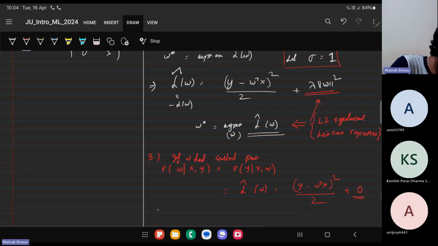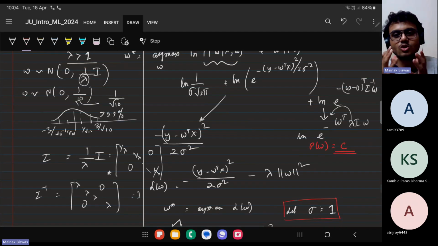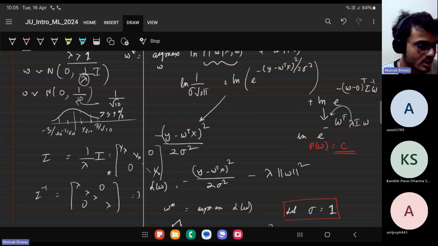So without the priors, it becomes linear regression, which is equivalent to maximum likelihood estimation. But since we took into account the small size of W's, it became maximum a posteriori estimation, because we are using priors.